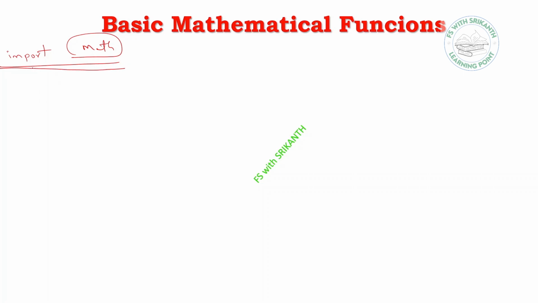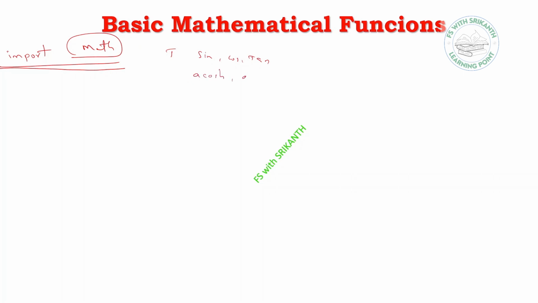In this math module, Python by default supports different trigonometric functions, hyperbolic functions, constants, power and logarithm functions, and some basic mathematical functions as well. Trigonometric functions means sine, cos, tan, cosec values we can get.